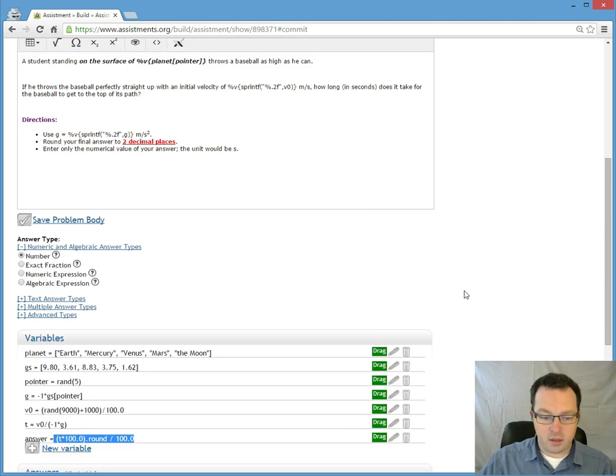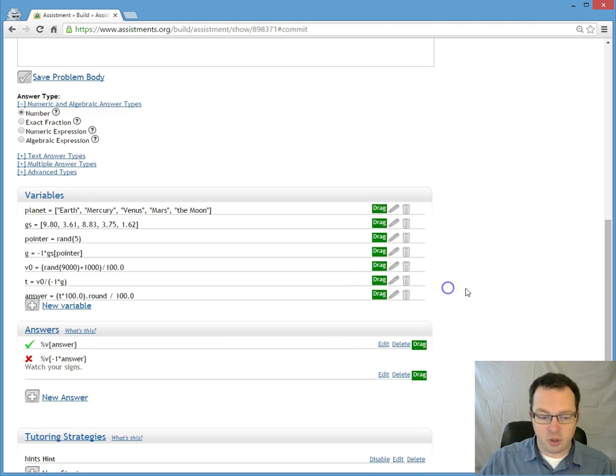Okay, and this last bit is optional, but it's something that I tend to put in due to personal preference. With these answers, asking the kids to round to a specific number of decimal places, at the end of the day, if they were to truncate instead of round, as long as they're at the right spot, I don't know how much I really care.